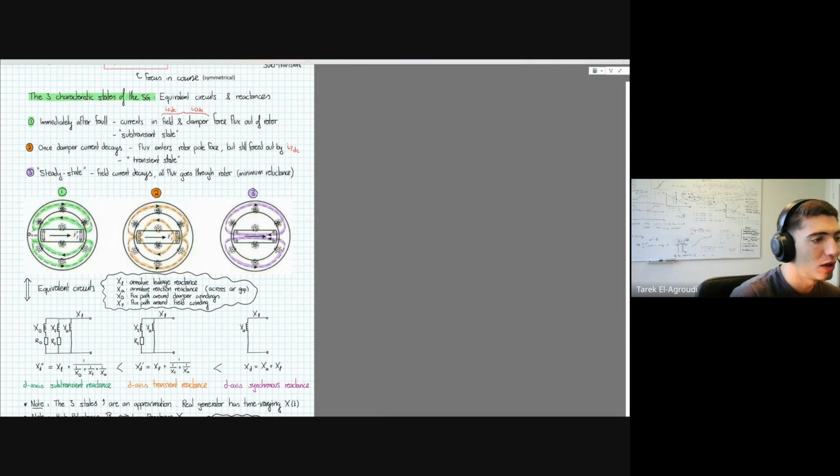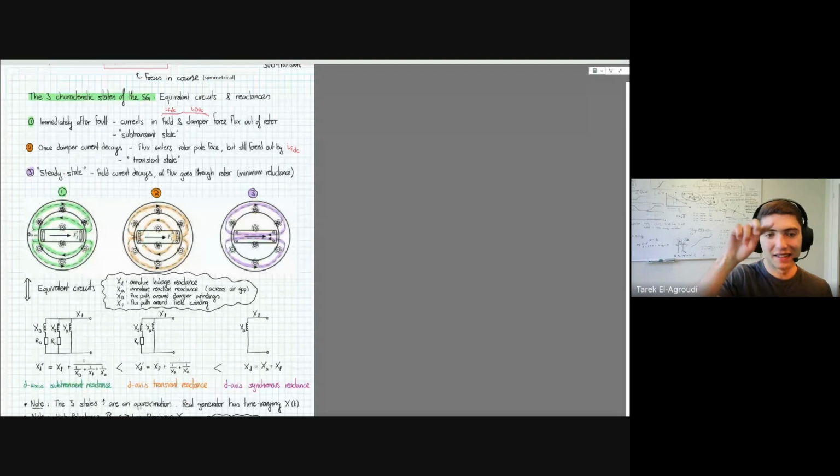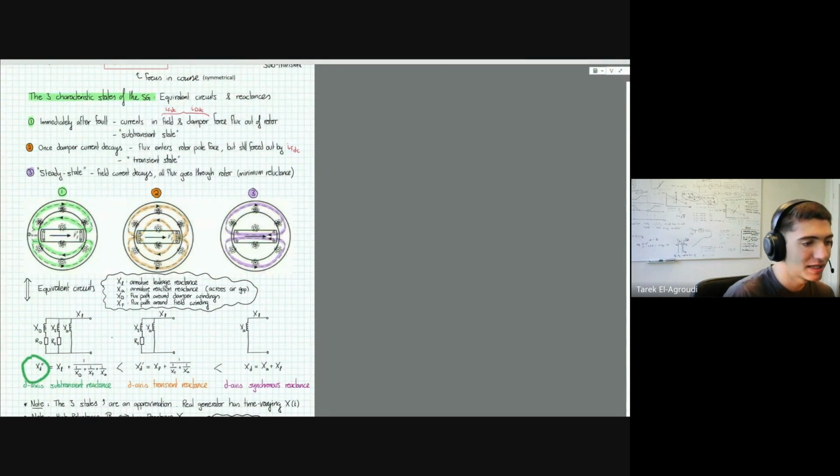For each of these states, you can define a different induced voltage and a different reactance. These are E dash, E double dash, X dash, X double dash. The double dash corresponds to the subtransient case, and the dash to the transient case.